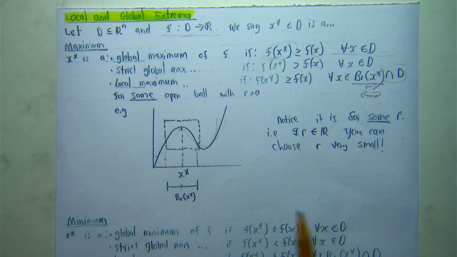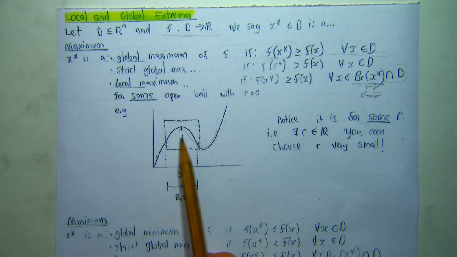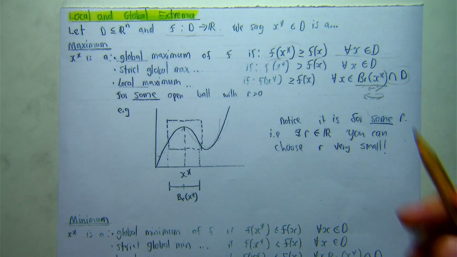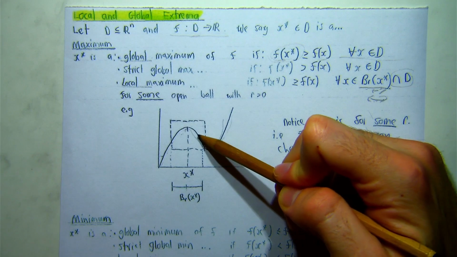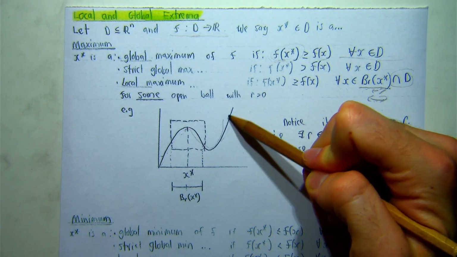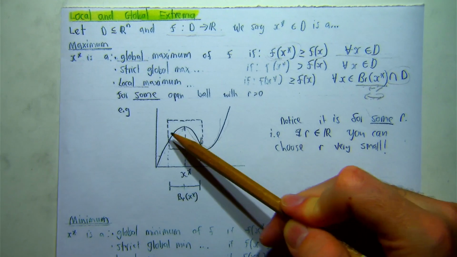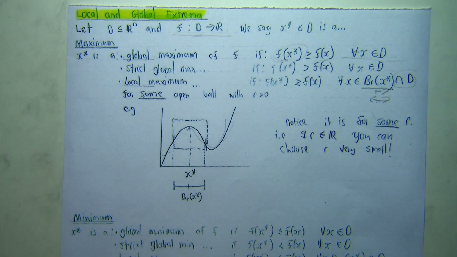But it is a local maximum because there exists an open ball to the left and to the right of x star where all of the function evaluated at points inside this domain will generate smaller values than at this x star. Notice that eventually it's going to start increasing above it, but everything inside of it is smaller than f of x star, and that's what makes it a local maximum.